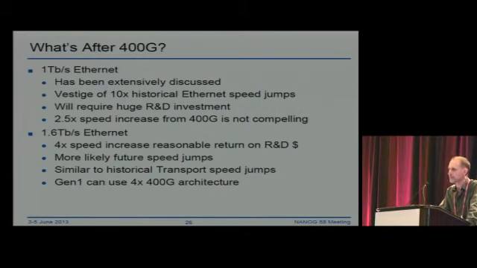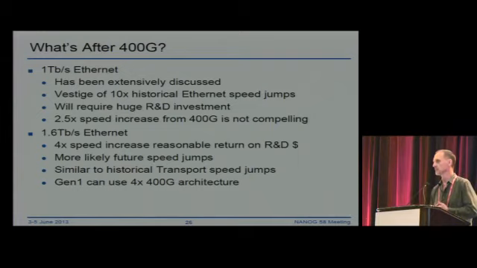So my prediction is that the next Ethernet speed will be 1.6 terabits. A 4x speed increase feels reasonable for a large R&D investment, and I feel it's actually more likely to be representative of future speed jumps. So the 10x speed increases, I don't think we'll see those anymore.